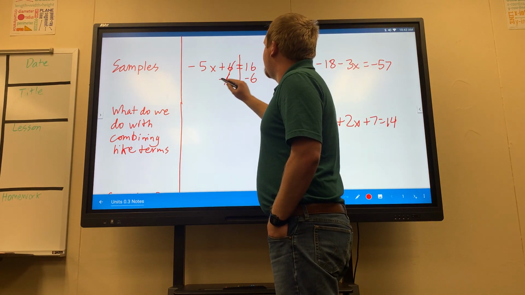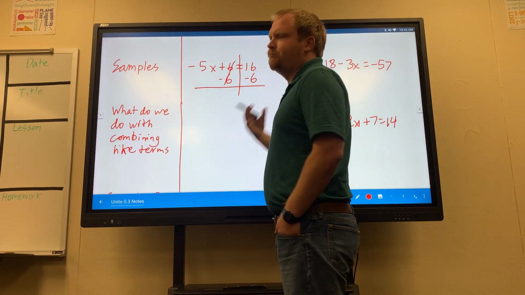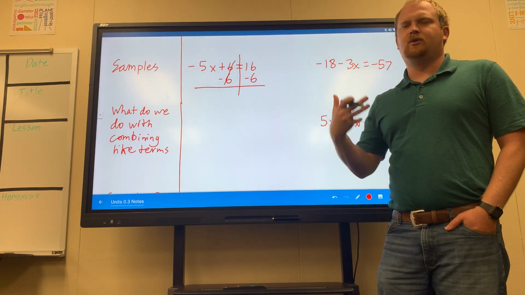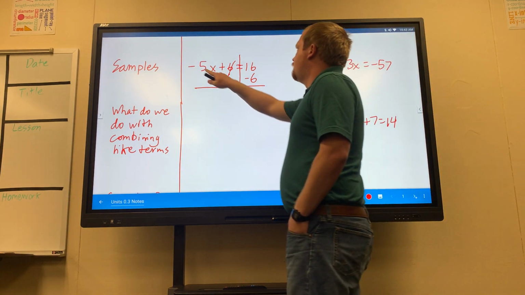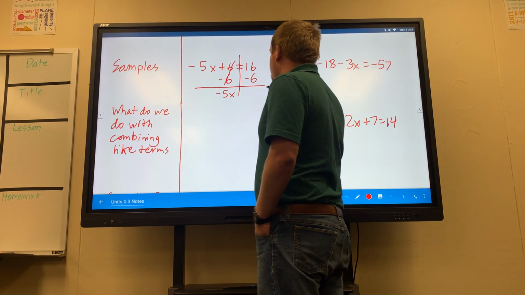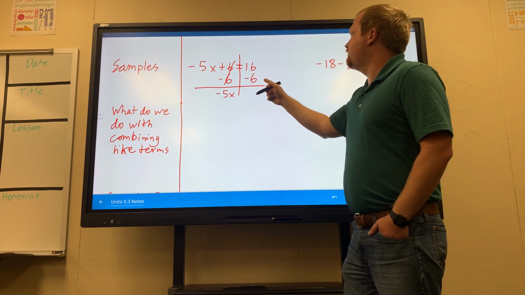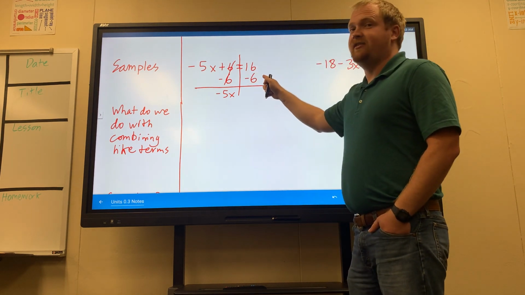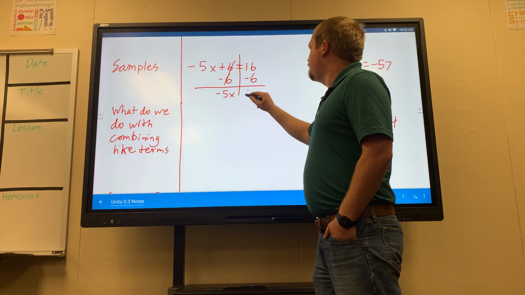So the 6's cancel out on the left side because positive 6 minus 6 equals 0. So I'm left with negative 5x on the left side. 16 minus 6 gives me 10.